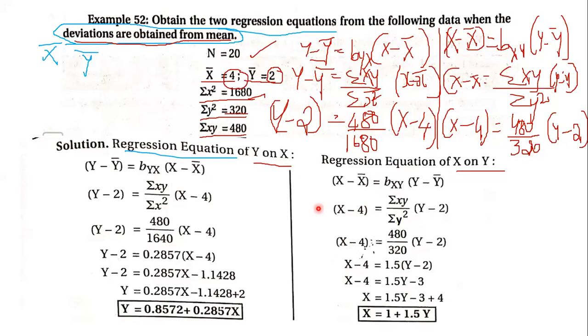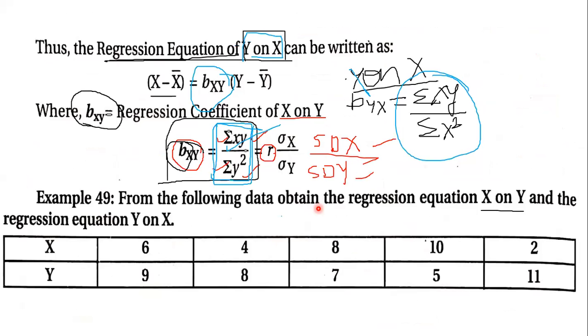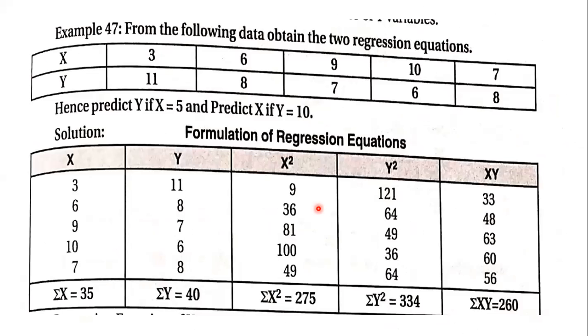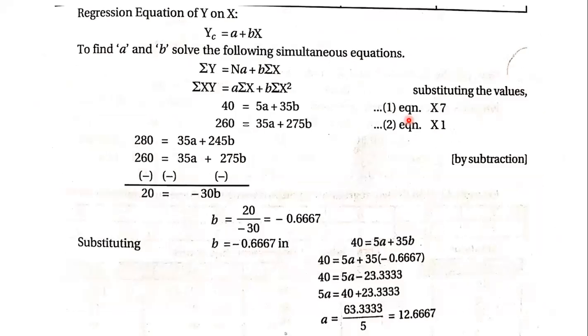So if we go back to the problem before, now if you see here, find the regression equation they have given. From the following data, find the regression equation they have given. Now here, if the question is given for 14 marks, let's say, in that case you can go for simultaneous equation. There is no problem. Just that simultaneous equation will take a lot of time.